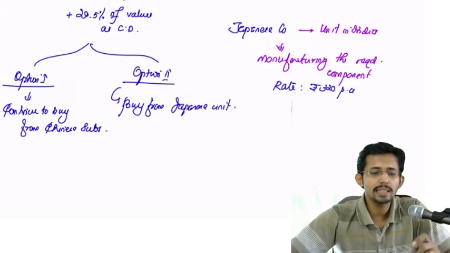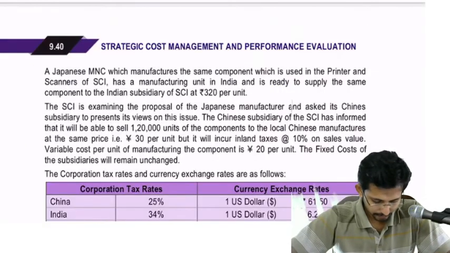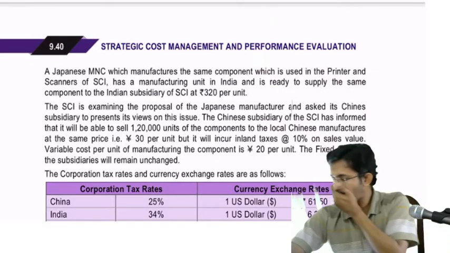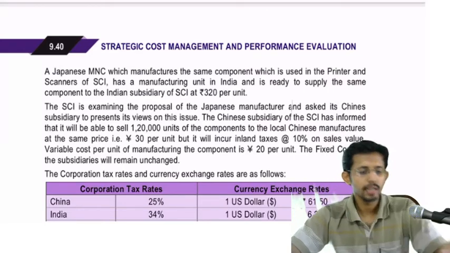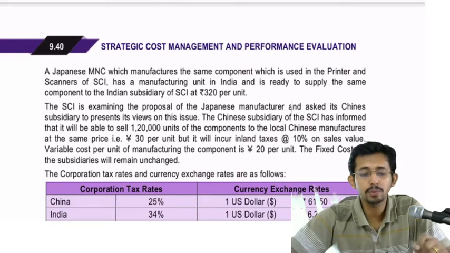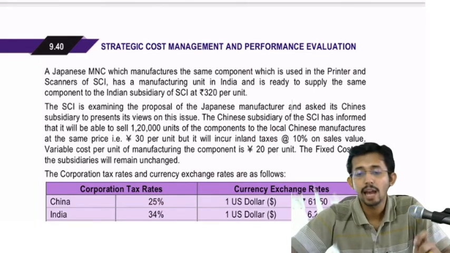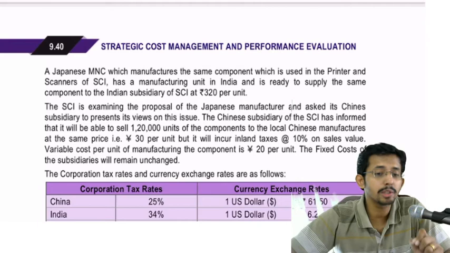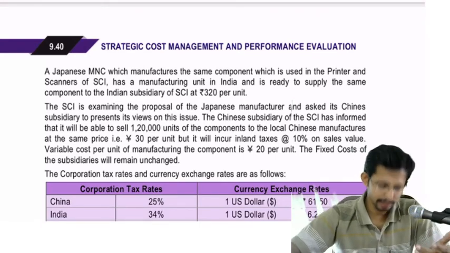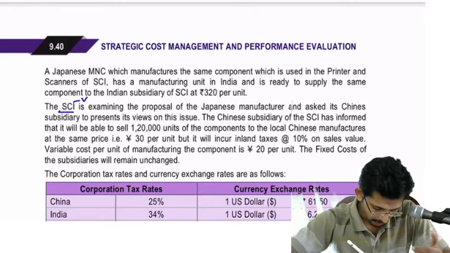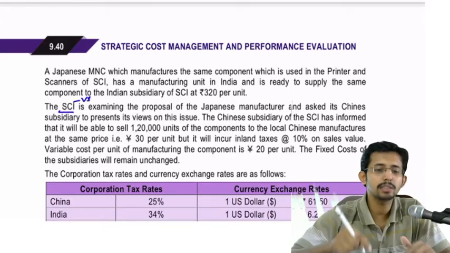Now SCI is examining the proposal of the Japanese manufacturer and has asked its Chinese subsidiary to present its views on this issue. SCI means the SCI in US. Why is the US company examining this proposal?